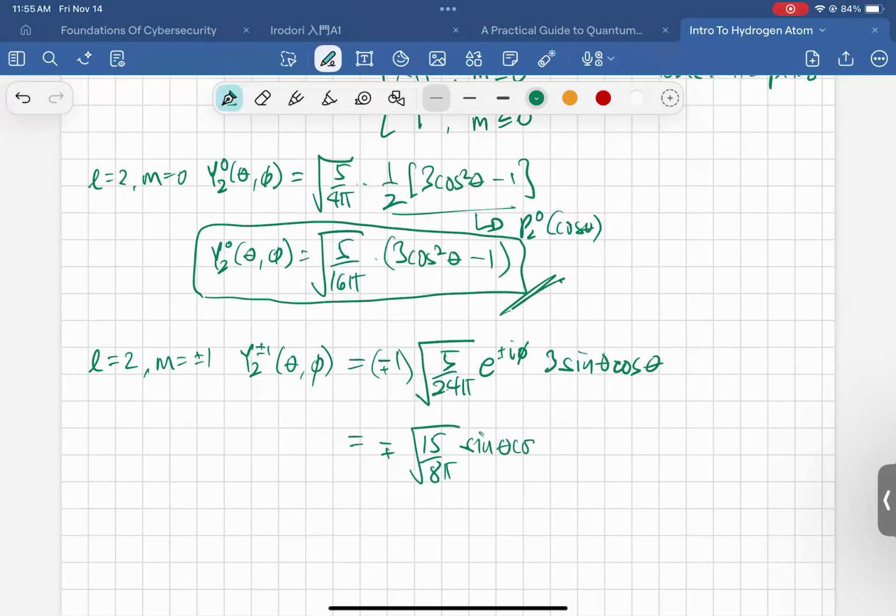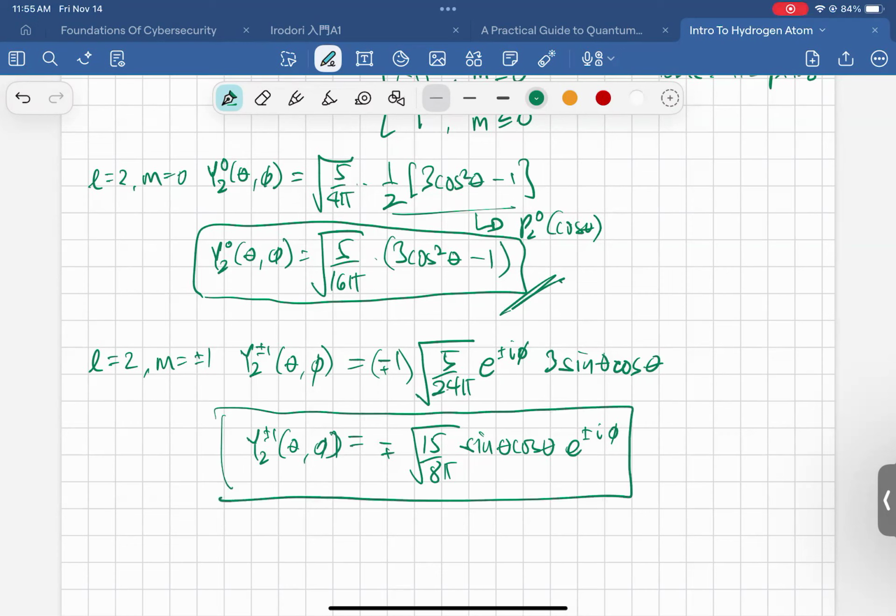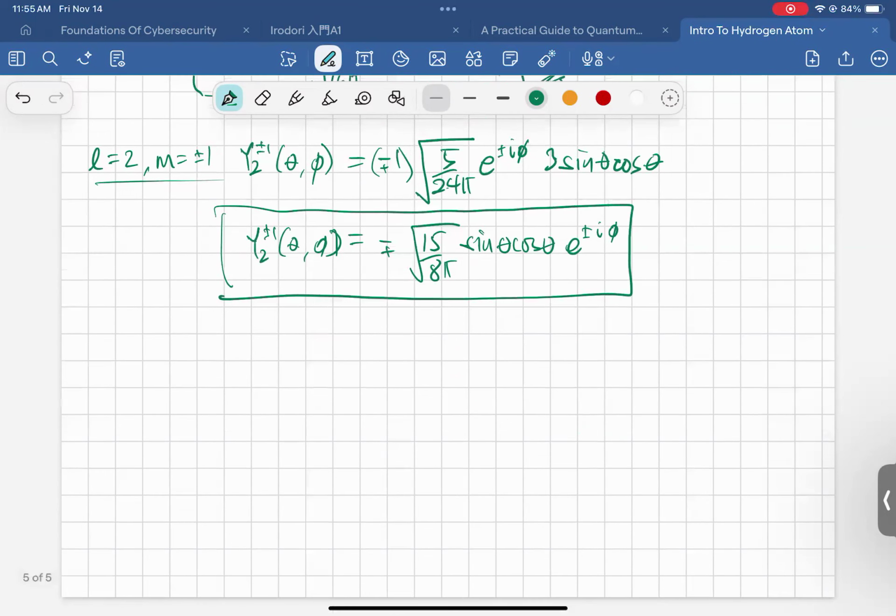Sine theta, cosine theta, exponential, plus or minus i phi. Okay, so yan yung ating solution for L equals 2, M equals plus 1. Okay. Any questions?